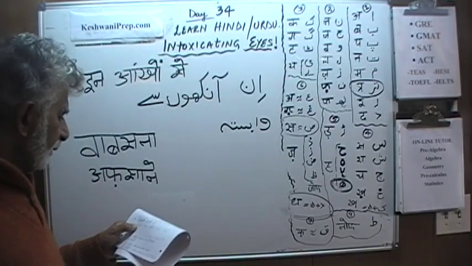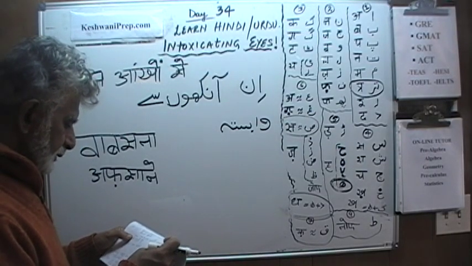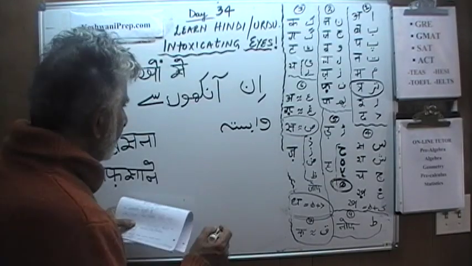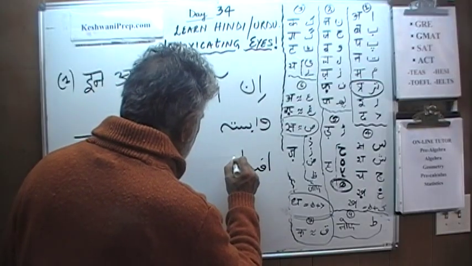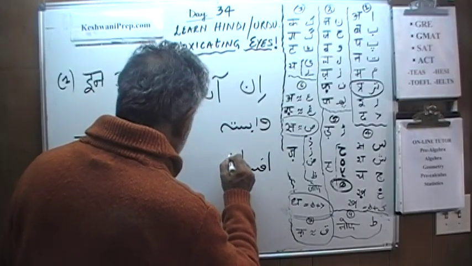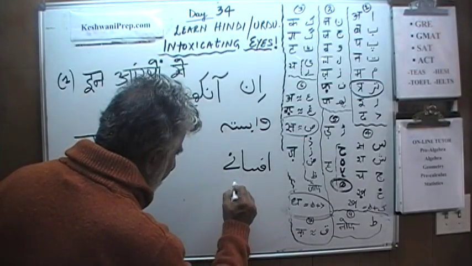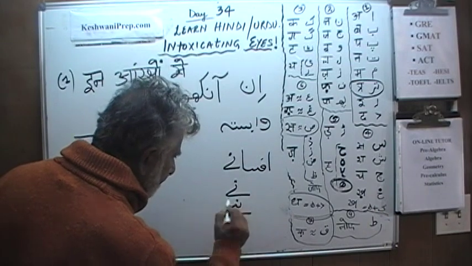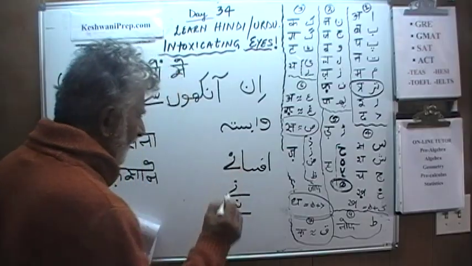इन आँखों से वाबस्ता अफसाने. So far that is अफसाने. See this part that I just wrote it like this. Technically it's supposed to be, there's a loop here for na and then a badi hai. But most people don't bother. We just write it like this and put a dot. अफसाने.